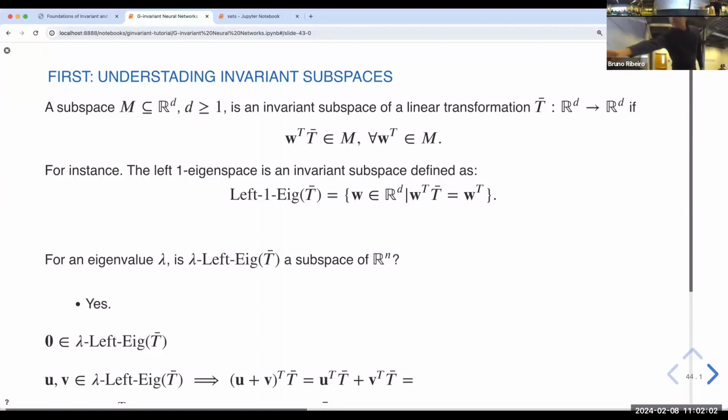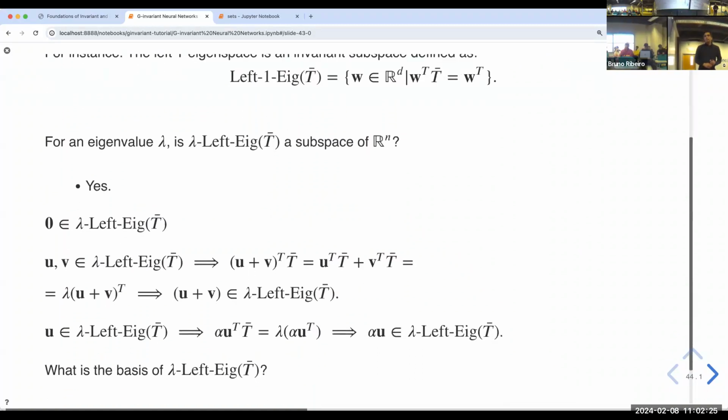If I take two vectors in this subspace, you can see that if I apply u plus v to T bar, it is u T bar plus v T bar. This is u plus v, which is an element of my subspace, right? And if I scale any element of the subspace, I get back an element of the subspace, because in a subspace you should be able to scale the vector. Okay?